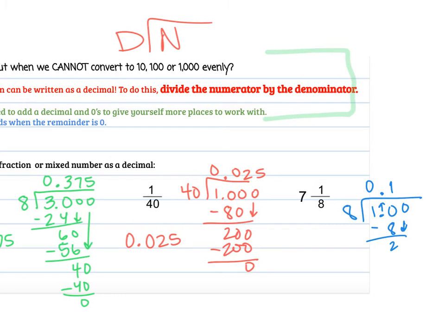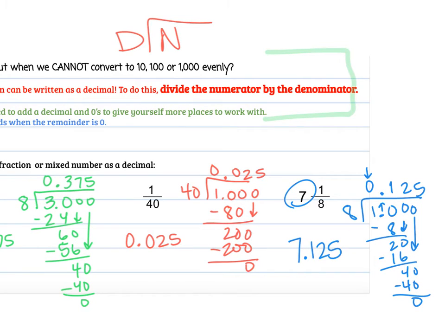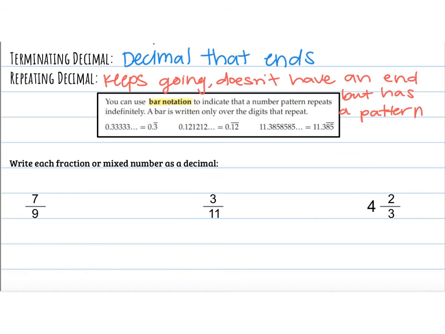Add a 0. 8 goes into 20 2 times, which is 16. 20 minus 16 is 4. Add a 0. 8 goes into 40 5 times. Nothing else to drop down. So I need to keep this whole number out front. So instead of a 0 here, it's actually going to be a 7 and 125 thousandths. So that is 7 1/8 as a decimal.